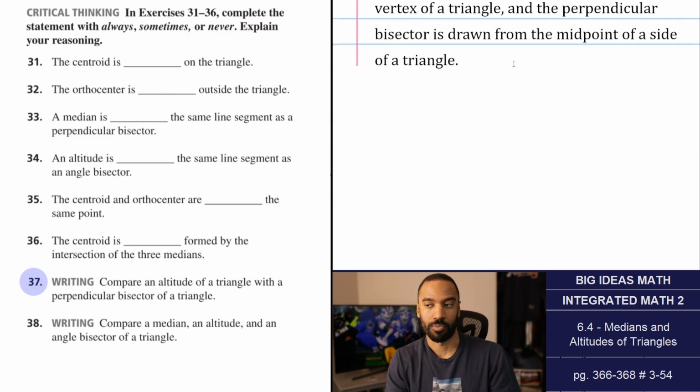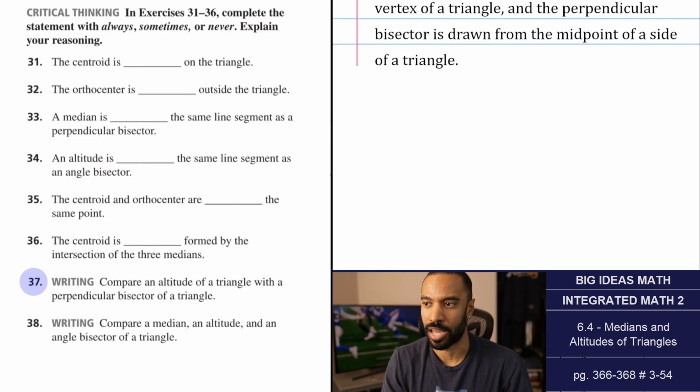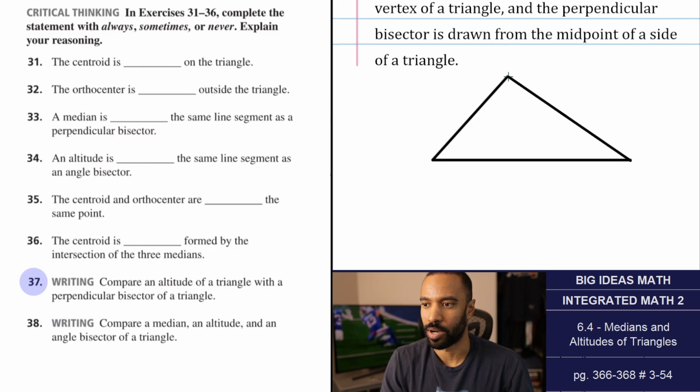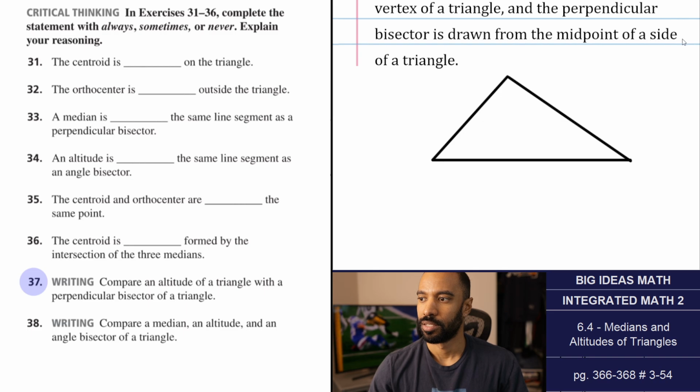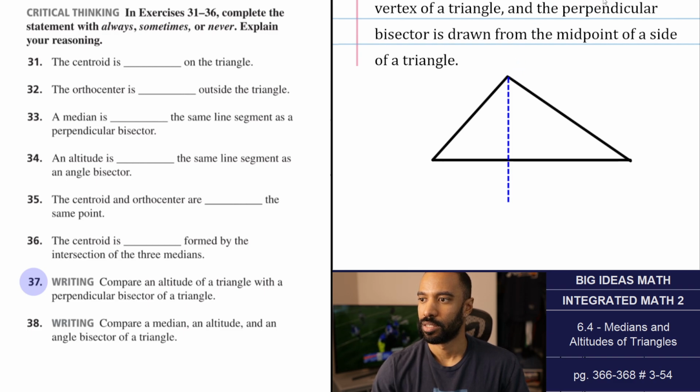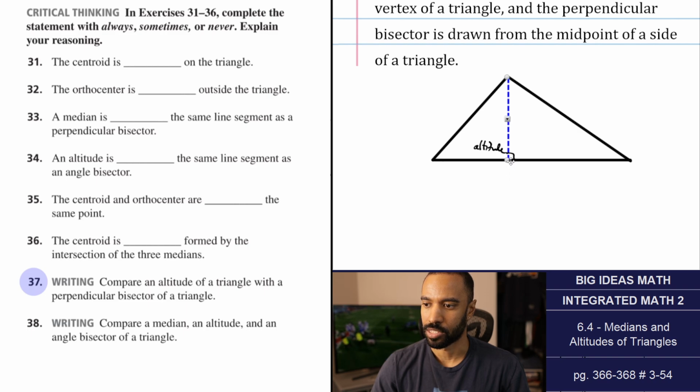They often are when they aren't in isosceles triangles. Kind of the same thing we keep bringing up over and over. So in some random scalene triangle, such as this one right here, this would be an altitude right here. That is the altitude. Normally it's more of a segment, so I would probably just shrink it to that.